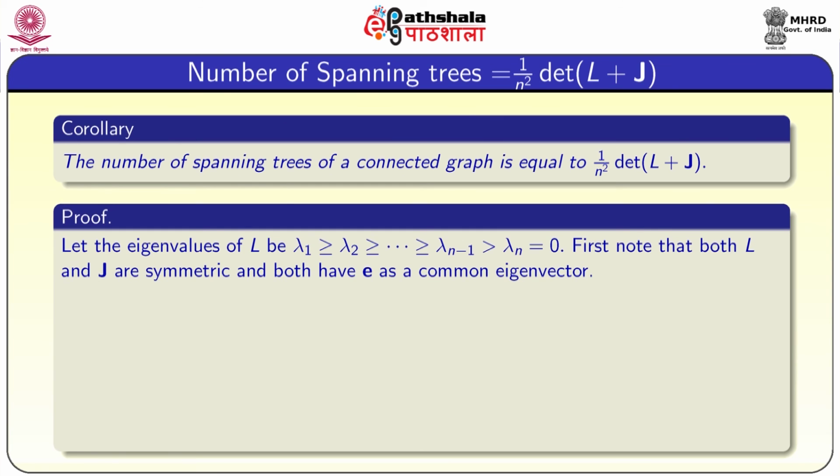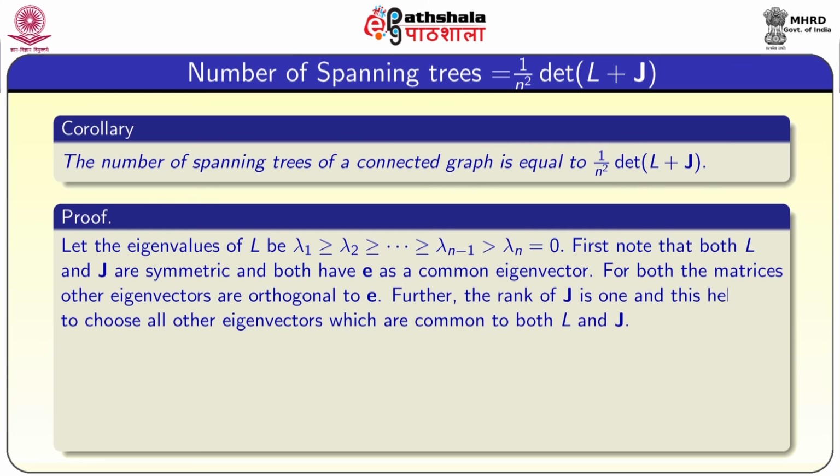First note that both L and J are symmetric and both have E as an eigenvector. For both the matrices, the other eigenvectors are orthogonal to E. Further, the rank of J is 1, and this helps us to choose all other eigenvectors which are common to both L and J.